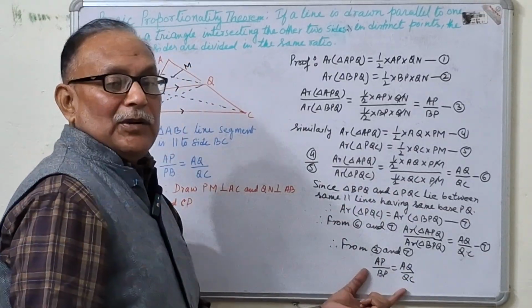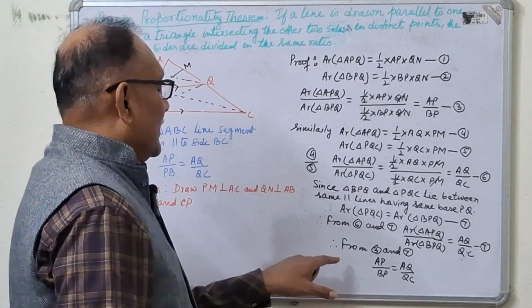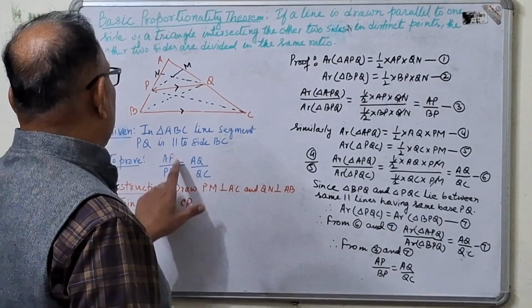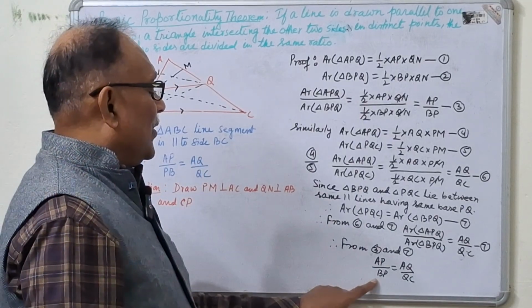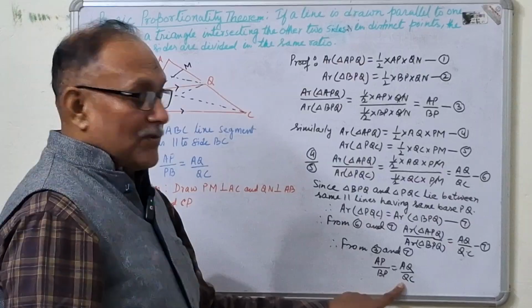So in this way we can prove this theorem that AP upon BP is equal to AQ upon QC. Here AP upon BP is equal to AQ upon QC.